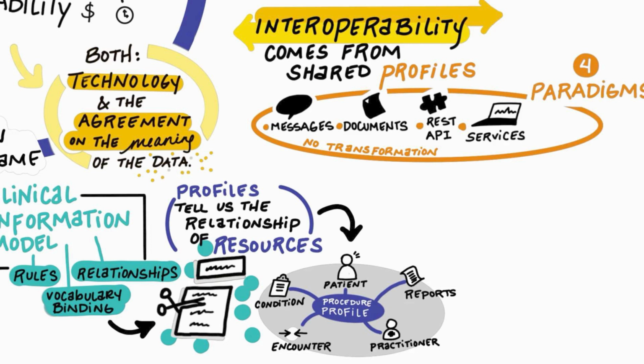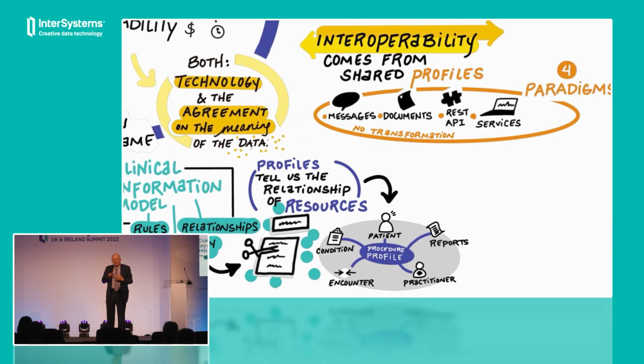That's the diagnostic report resource in FHIR. And for most procedures, they occur in the setting of an encounter. So there's a FHIR encounter resource that tells you the details. All of those resources would be profiled and would make up the use case for a procedure, whatever procedure it happens to be.